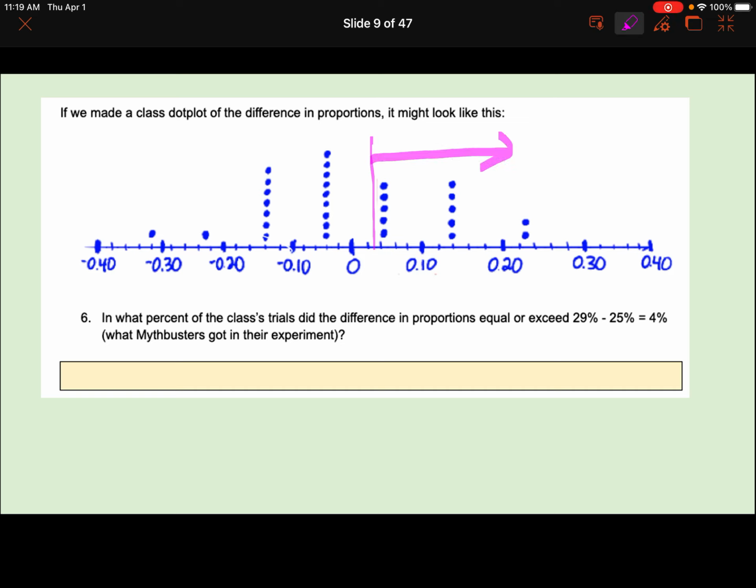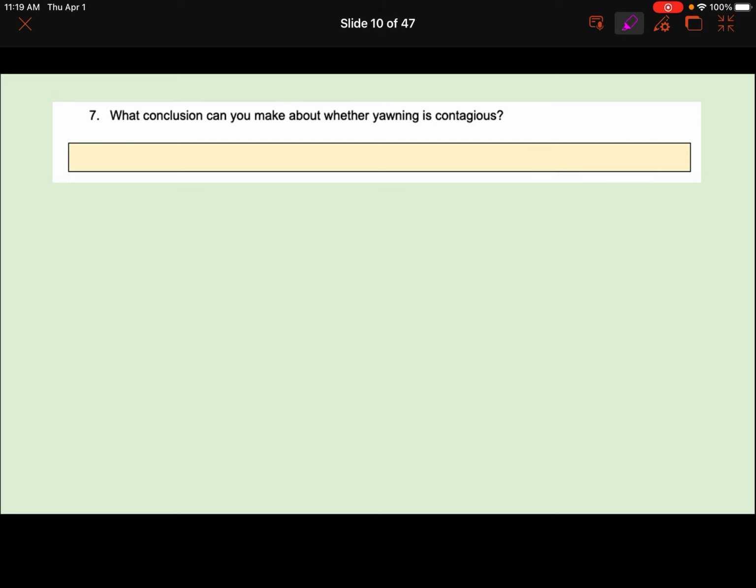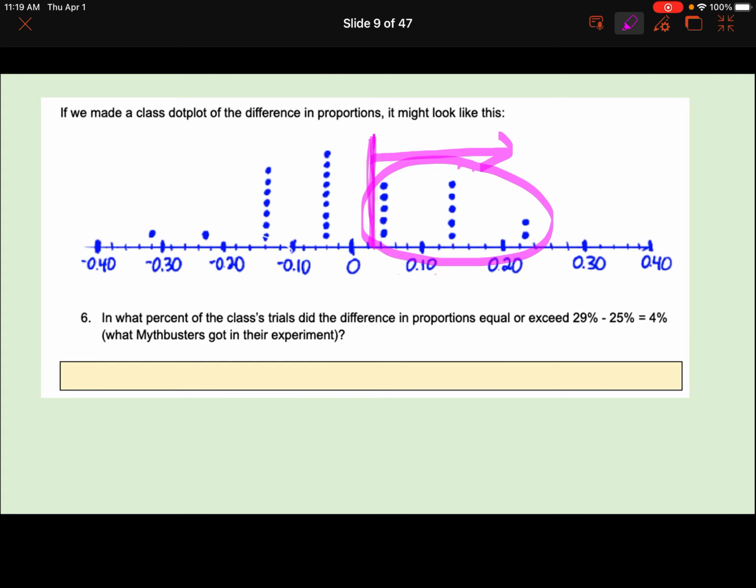With this, we're always looking for the value of our sample proportion, or something more extreme than that. I want you to try to figure out what percentage this is out of the total trials. And then I want you to try question 7 as well. So try 6 and 7, and when you're ready, you know what to do.